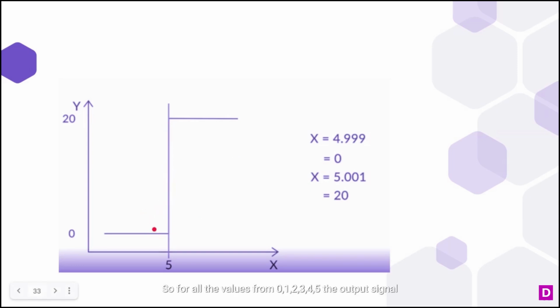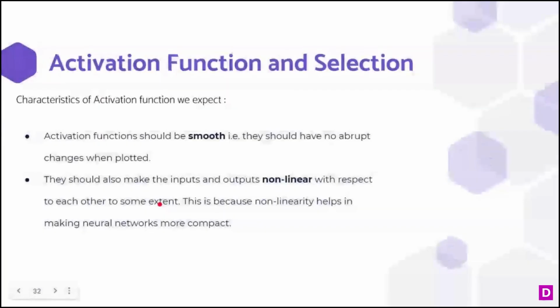What does it show? For all the values 0, 1, 2, 3, 4, the output of the mathematical equation is just 0: for input 0 the output is 0, for 1 it is 0, for 2 it is 0, etc. But whenever the x value arrives at 5, suddenly there is a high spike in the output.